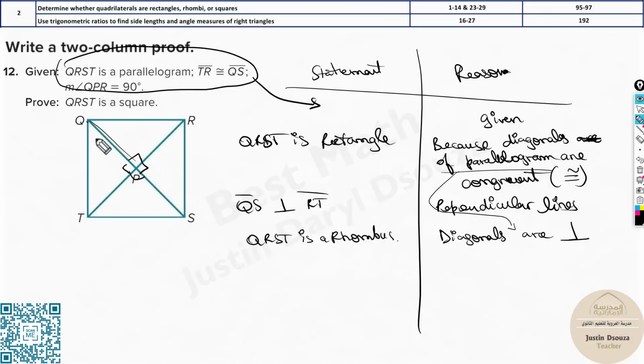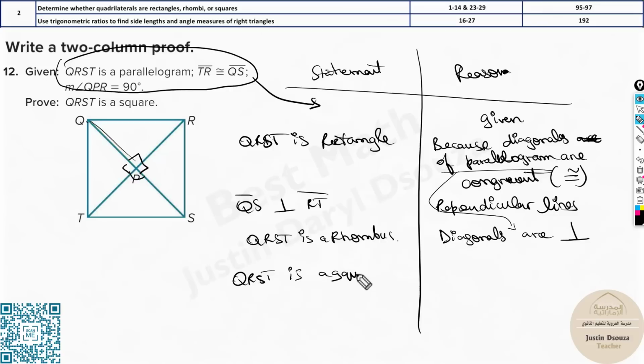Now if any parallelogram is a rectangle and a rhombus, then it's directly a square, because the rhombus proves that all sides are equal and the rectangle proves that all angles are 90 degrees. So that means QRST is a square. Done.